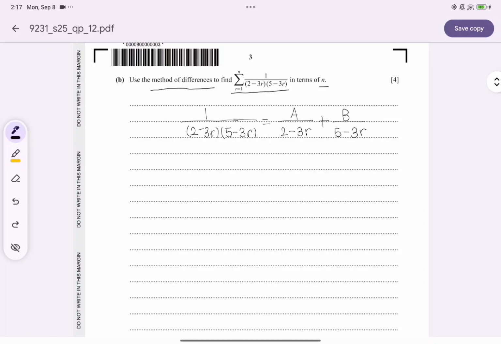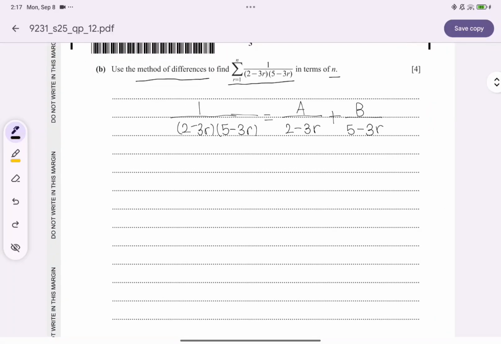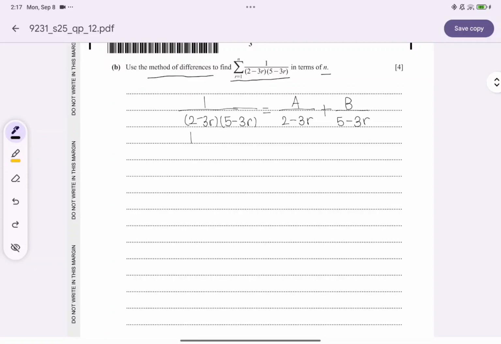Since this is also a linear term, the numerator would be a constant. Okay, now let's multiply both sides by the denominator of the left hand side. So this would give us 1 equals a times (5 minus 3r), since the 2 minus 3r would cancel out, and likewise for b it will be b times (2 minus 3r).